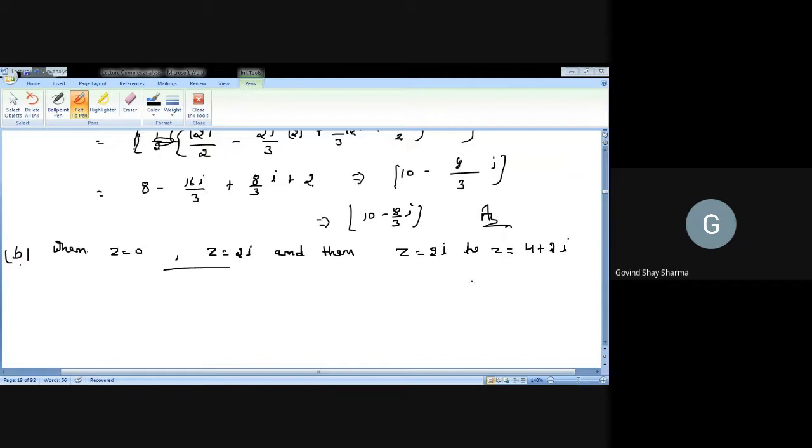So we can draw it. When z is equal to 0, this is at the origin, 0, 0. Z is equal to 0 to 2 iota, z is equal to 2 iota, 0, 2 iota. Then move to this line, 4 plus 2 iota.